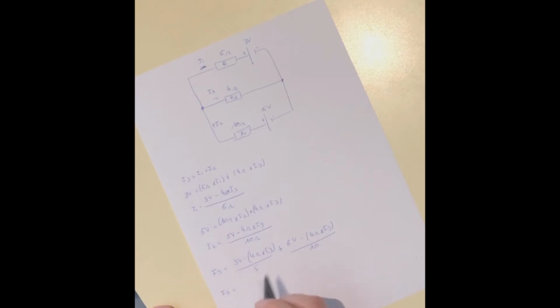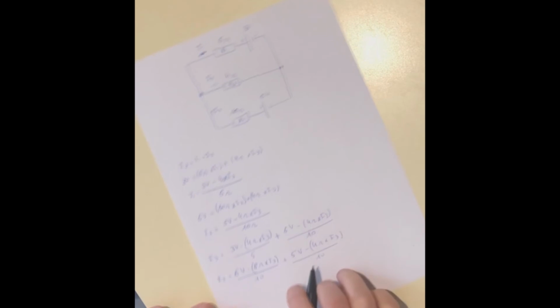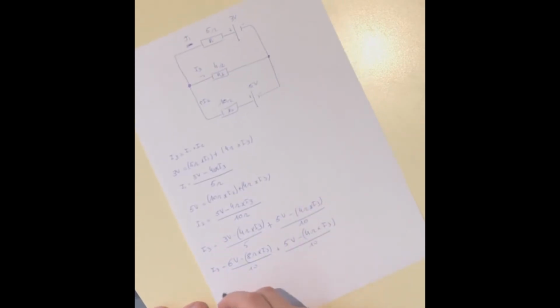I3 is equal to, we can just multiply this one, so this will add up together more easily. 6 volts minus 8 ohms times I3 divided by 10 plus, and this one stays the same, 4 ohms divided by 10, like this. So now this can add up more easily.